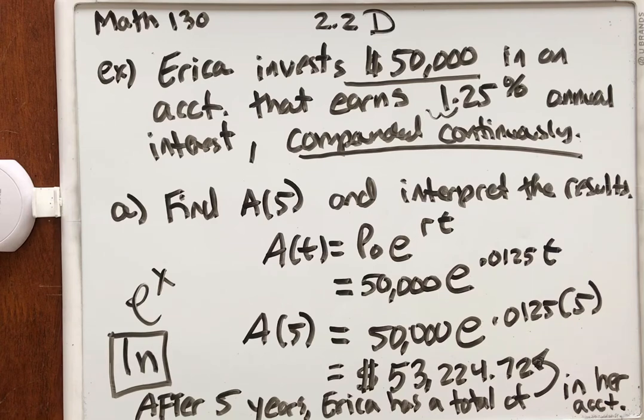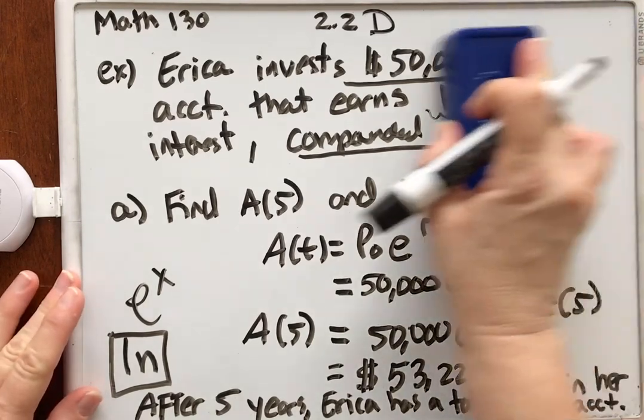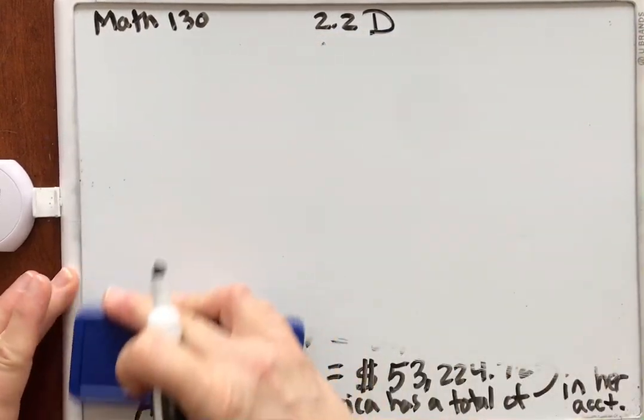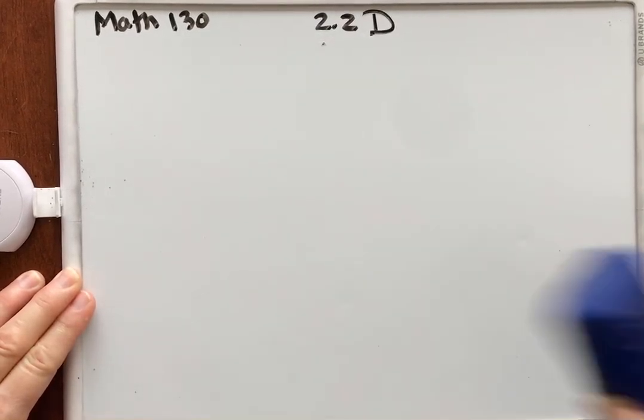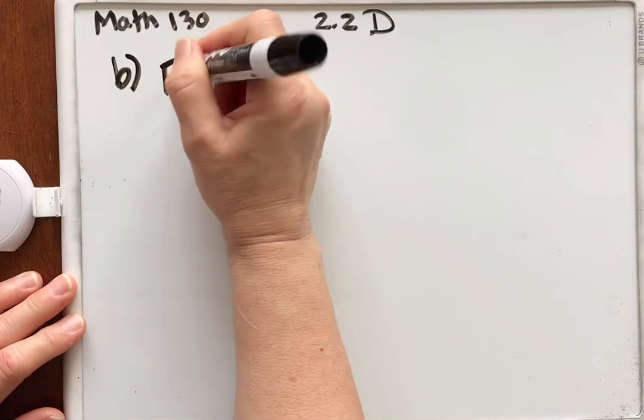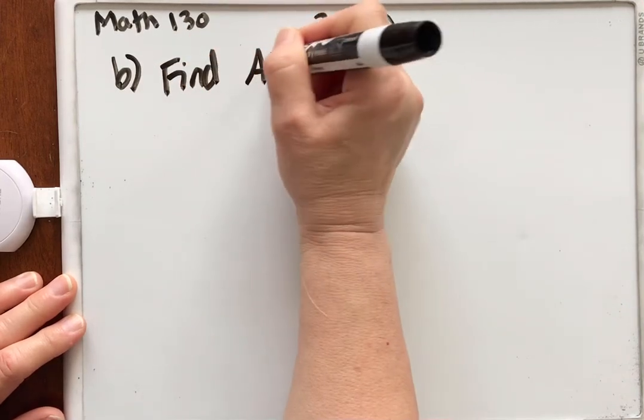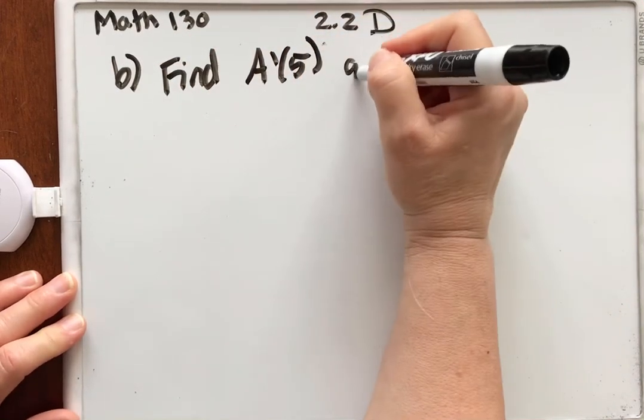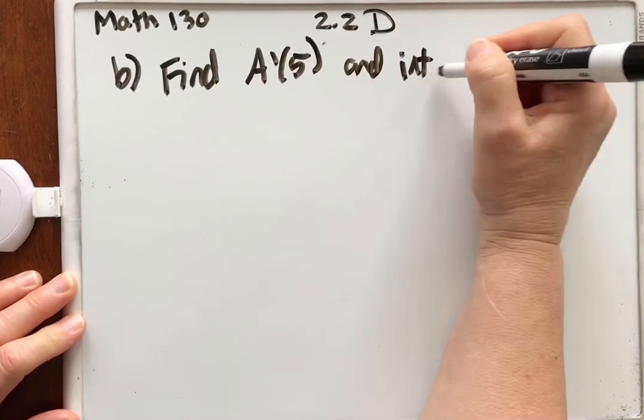Now we have a part B, and this will conclude our lecture for 2.2. Part B: find A prime of 5 and interpret the results.